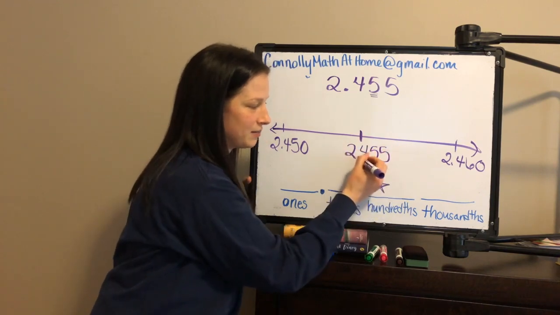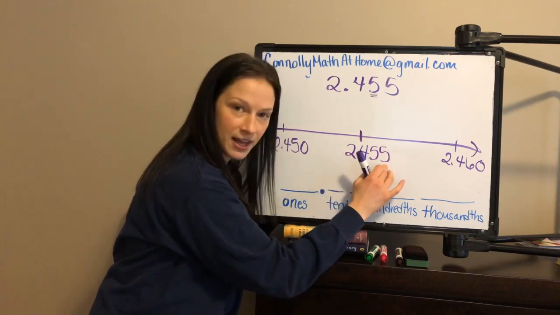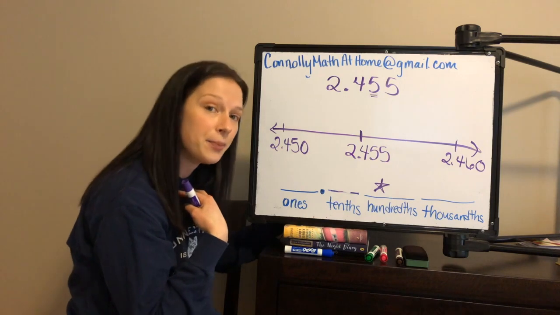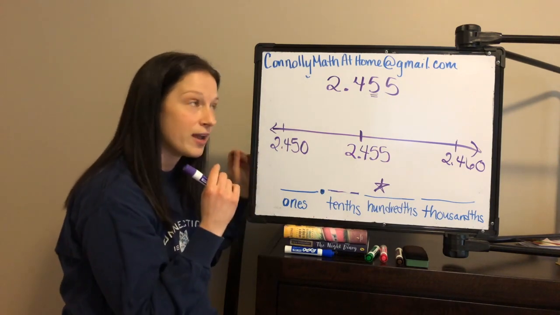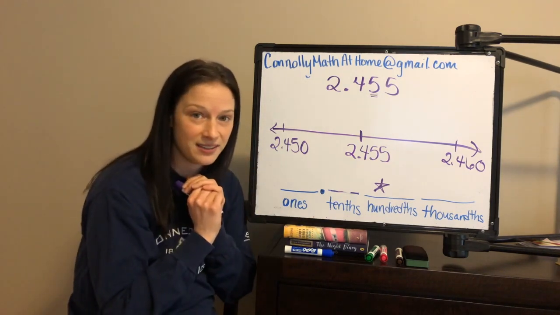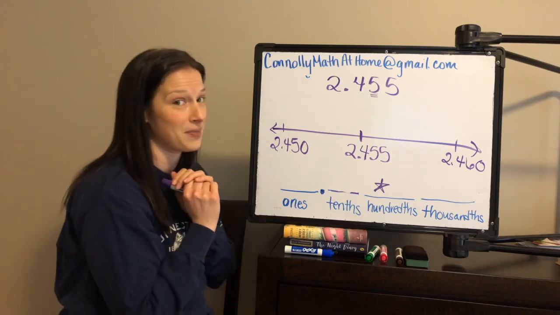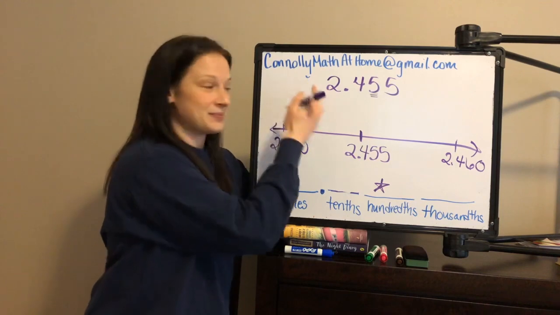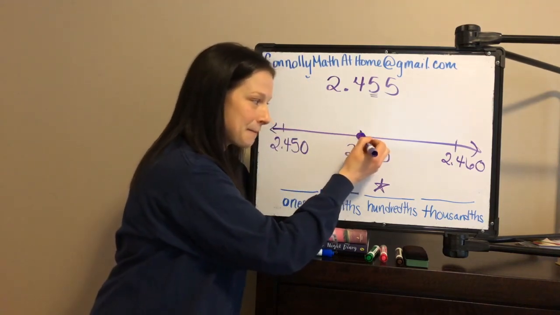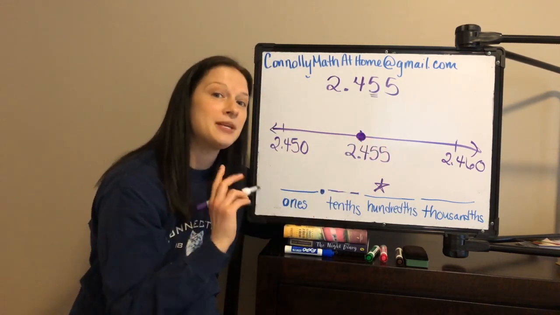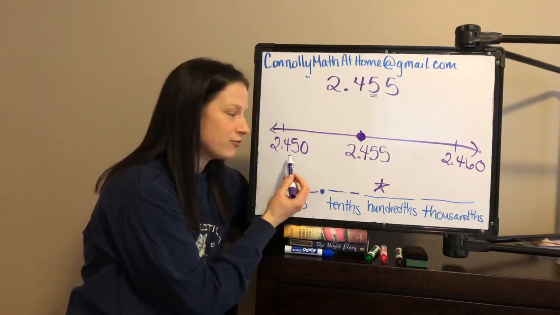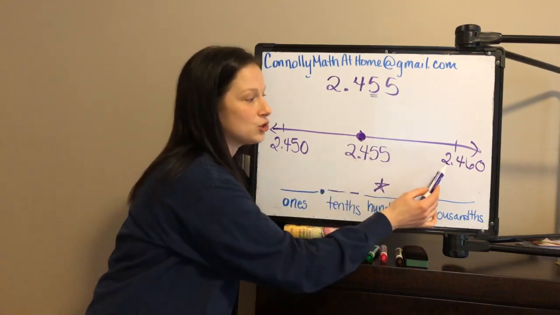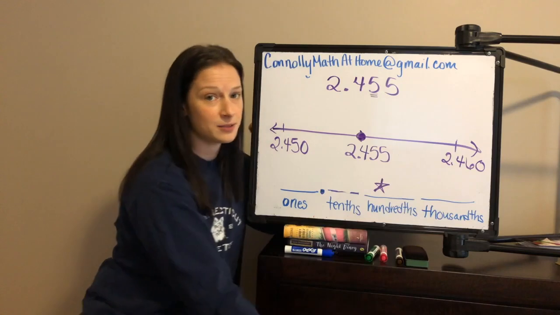Don't forget that we're thinking about 2 and 455 thousandths, but I used whole numbers to help me when I'm thinking about what's halfway. And do you notice something? I think you do notice something. The number that we're rounding is exactly halfway between 2 and 450 thousandths and 2 and 460 thousandths.